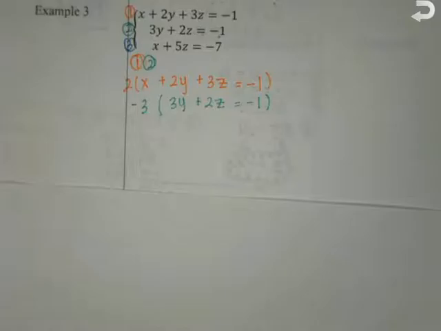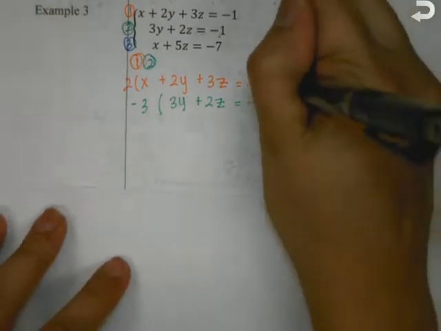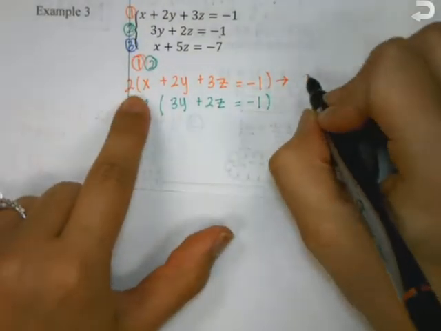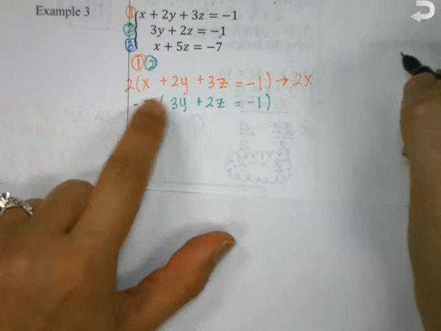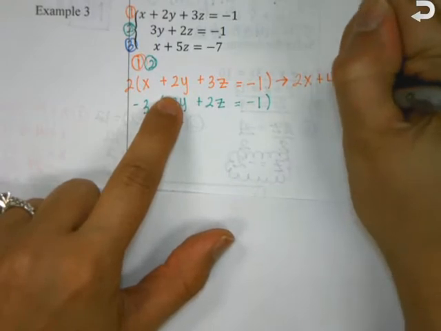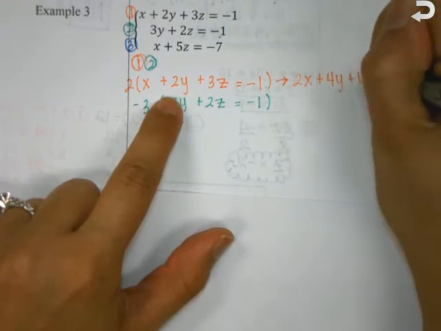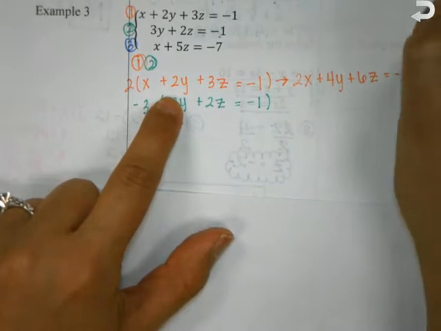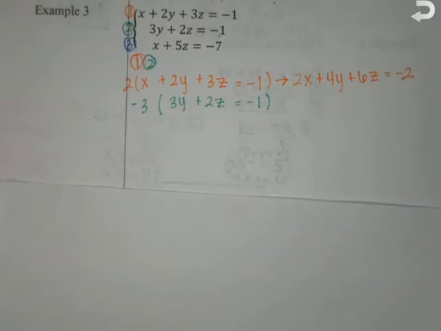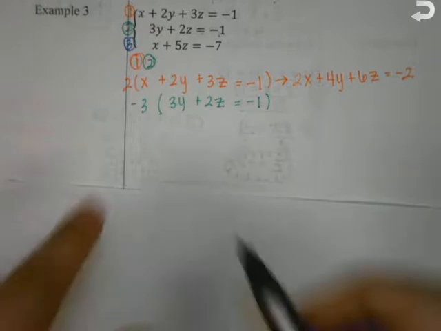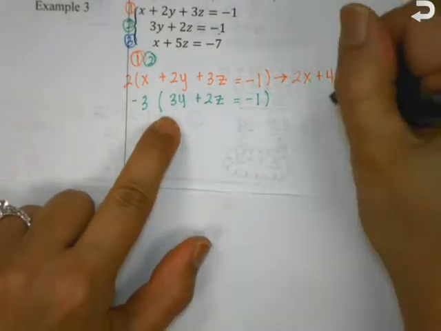That's going to give me 2x plus 4y plus 6z equals -2. This is going to give me -9y minus 6z equals +3.